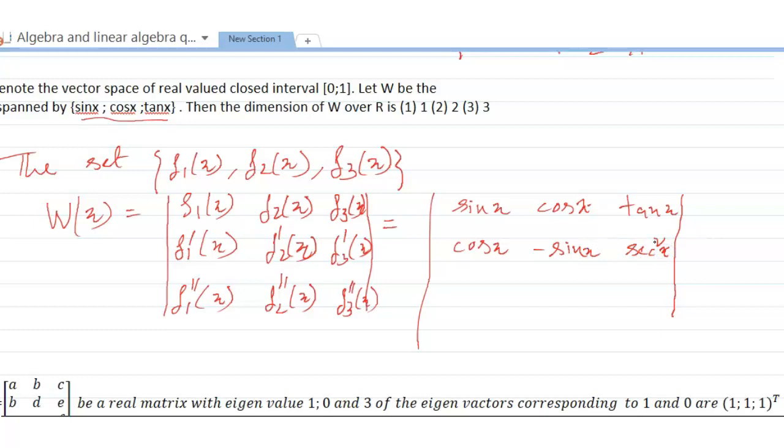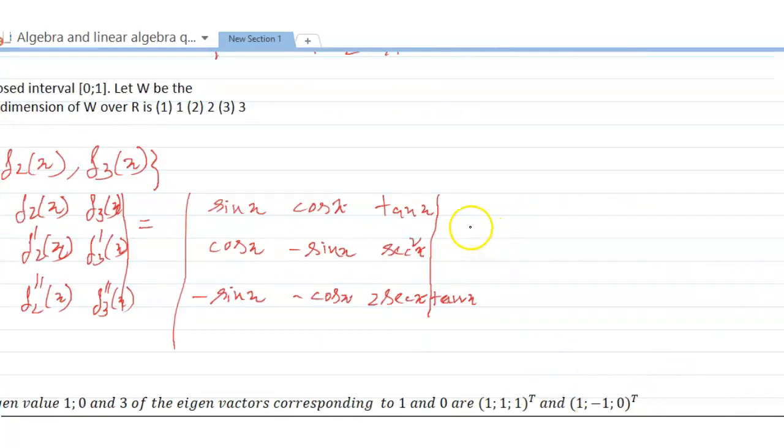The differentiation of tan x is sec square x, and the derivative of cos x is minus sin x; then minus sin x, minus cos x, 2 sec x into sec x tan x. This is the total formula.